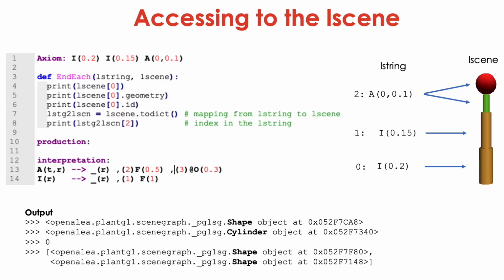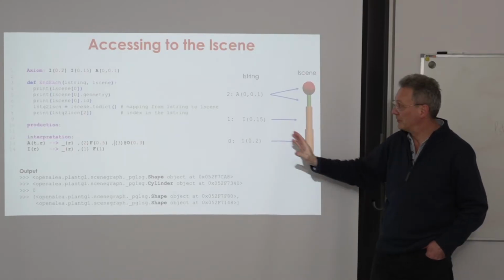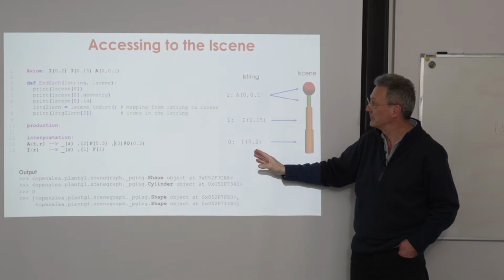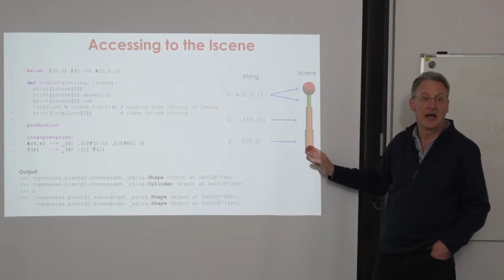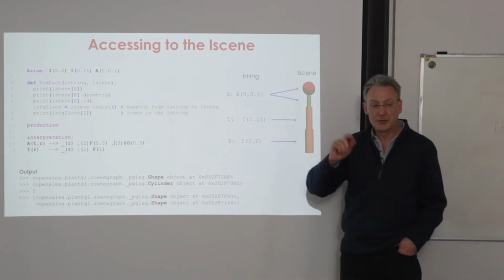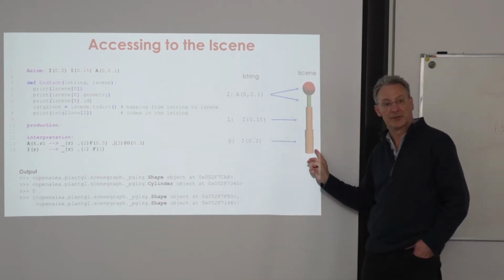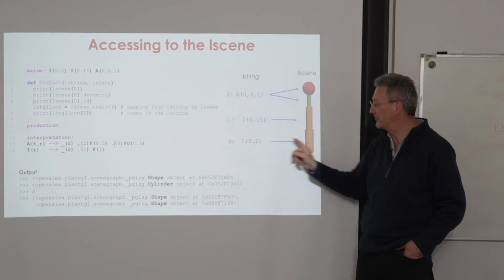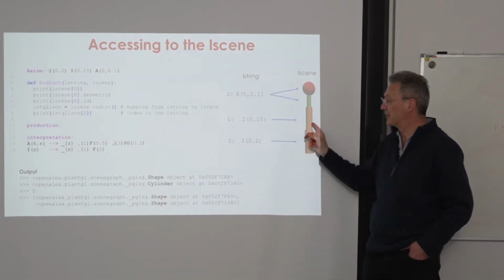It works like this. If I have a lstring and I computed a geometric interpretation with the interpretation rules, so this is the lstring, and this is what I see on the screen after its geometric interpretation. You see that because of the geometric interpretation, I may have a one-to-one correspondence sometimes, like an internode is represented as a cylinder.